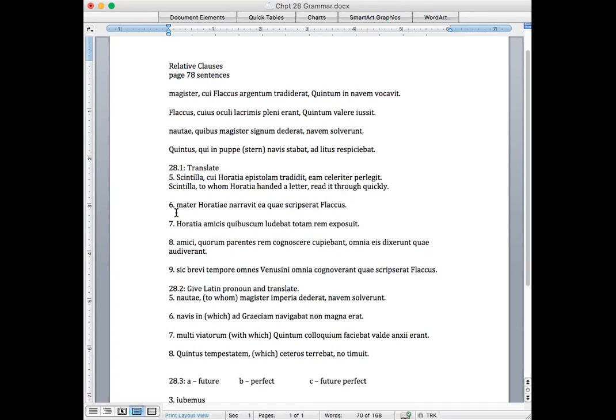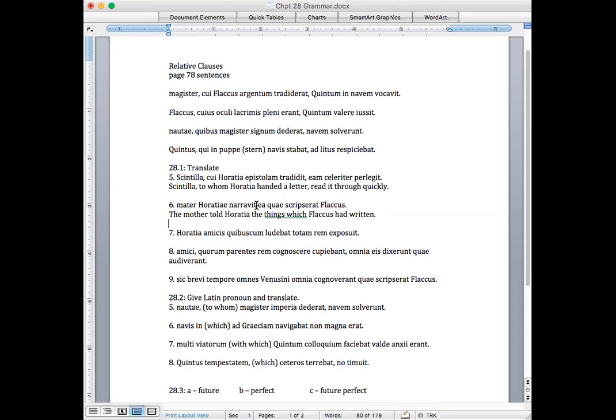So the mother, or just mother probably, told Horatia the things which, ea quae, the things which Flaccus had written. Okay, this is a very common construction and translation of ea quae, so the things which Flaccus had written.